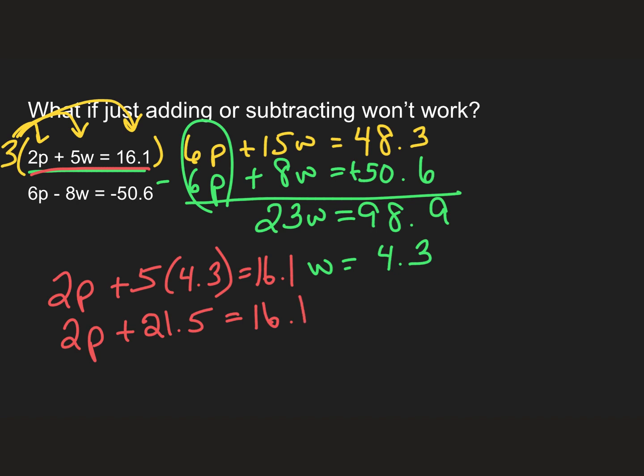I subtract 21.5 from both sides. Sorry, 16.1 minus 21.5. So I end up with 2p equals negative 5.4. Divide both sides by 2, and I get p equals negative 2.7. Okay, so this works even when we have decimals.